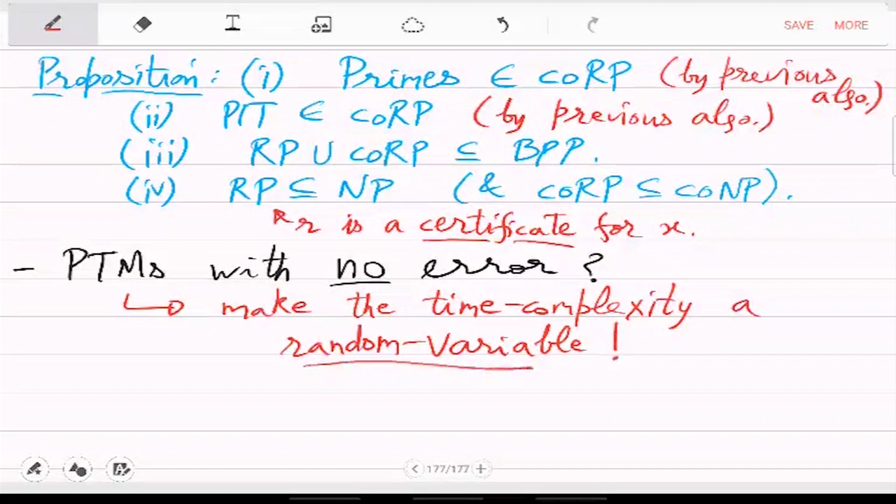Okay, so we can talk about what the time complexity is, we can talk about the expectation, and that is called zero-sided error probabilistic Turing machines.